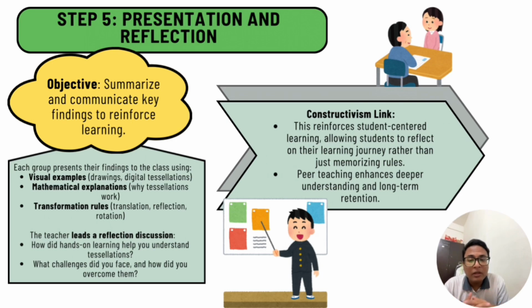Each group presents their findings to the class using a visual example like a drawing or digital tessellation, a mathematical explanation of why the tessellation works, and the transformation rules. The teacher leads a reflection discussion, like how did hands-on learning help you to understand the tessellation, and what challenges did you face and how did you overcome them.